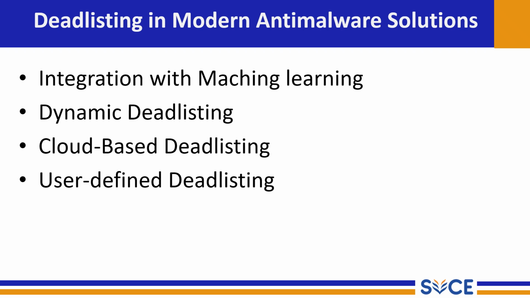We have to use a combination of different deadlisting techniques to provide a more comprehensive and effective defense. And next, document exclusions: document all exclusions and the reasons for them. Automate where possible. Automate the process of creating and maintaining the dead list as much as possible.